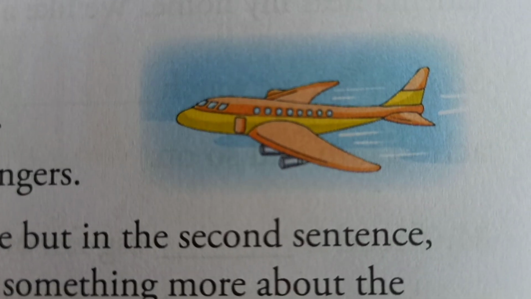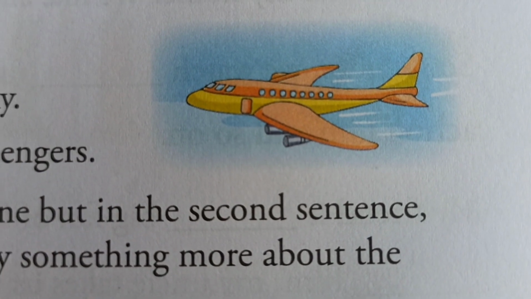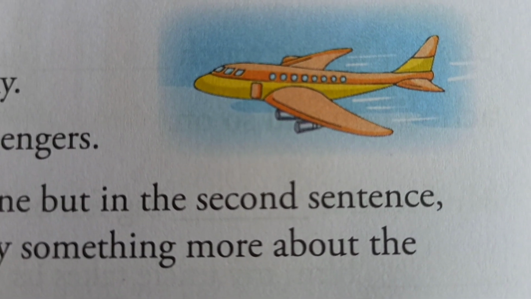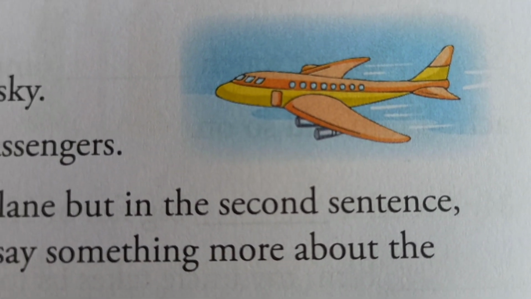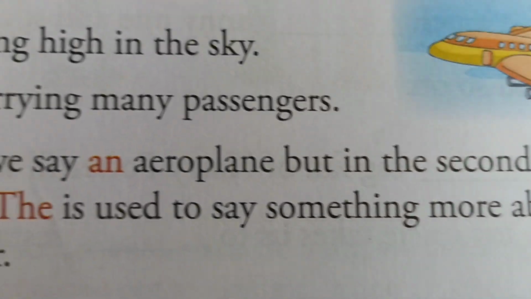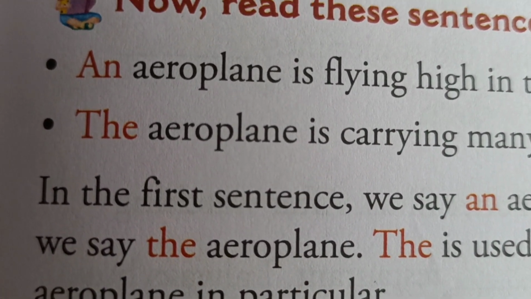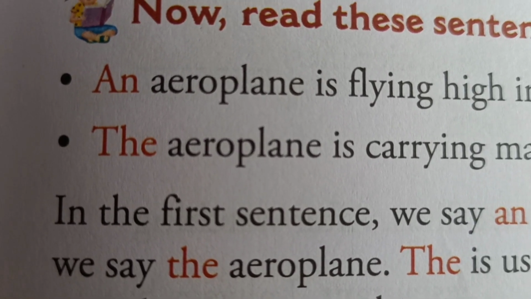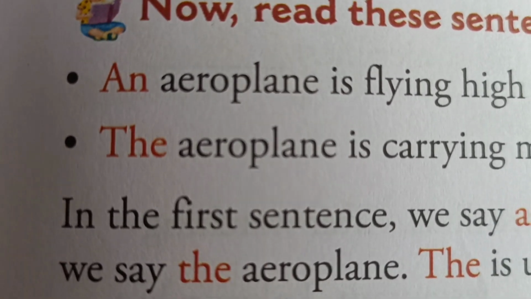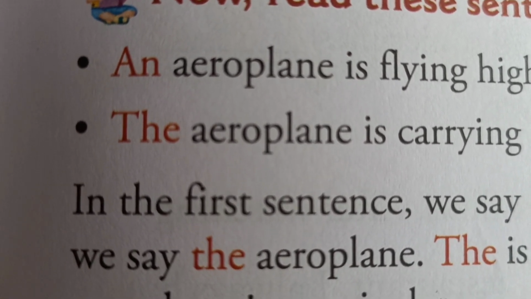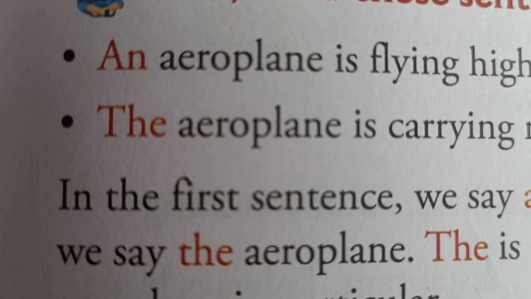Kids, now see here this one. Which picture? Aeroplane. Aeroplane flying in the sky. Please listen carefully. An aeroplane. Why do we write here an? Because of a vowel sound. So an aeroplane.